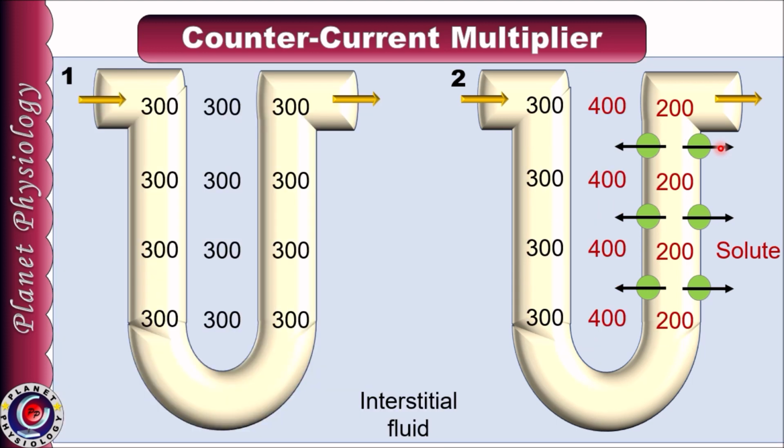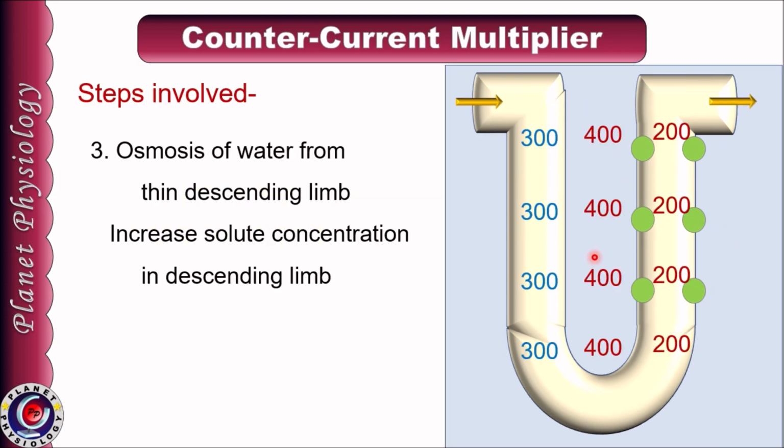As shown in the second diagram, due to solute reabsorption, there is creation of osmotic gradient between the descending limb of loop of Henle and the medullary interstitium. Descending limb has previous 300 milliosmoles per liter osmolarity, whereas interstitial osmolarity has now increased. So, there is osmotic gradient. This gradient initiates next step, that is osmosis.